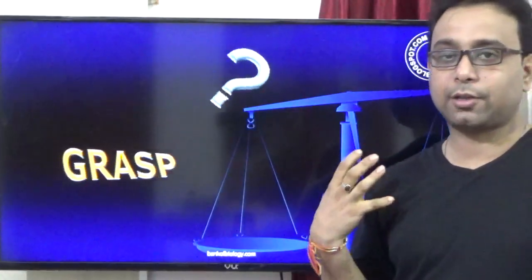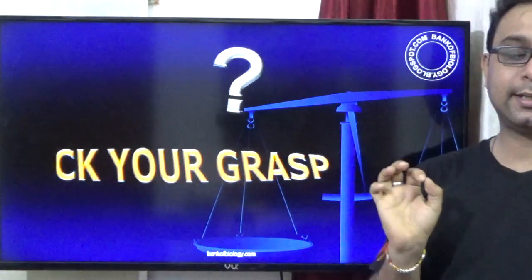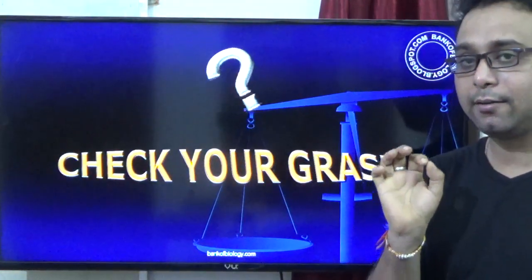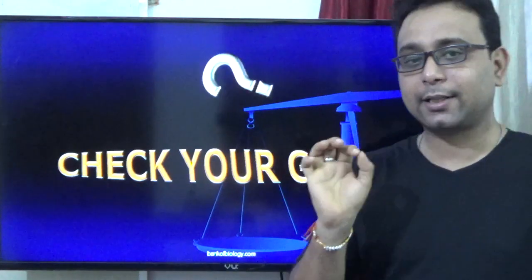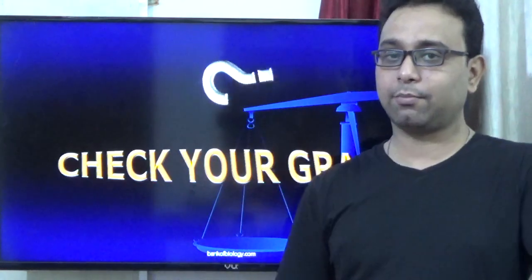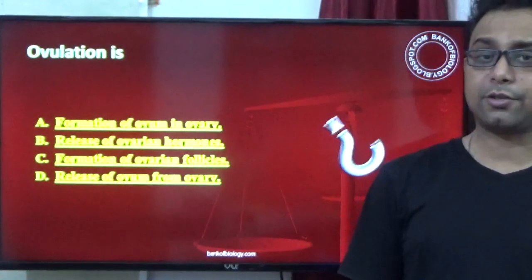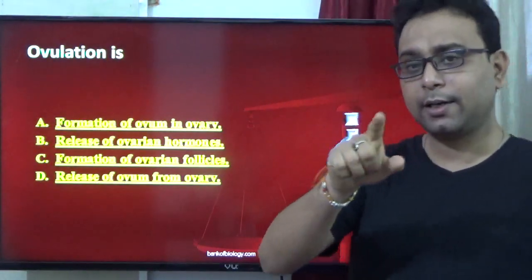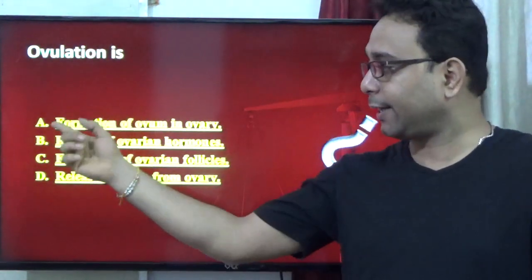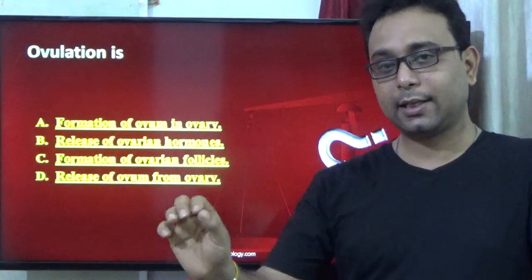So now it is time for some questions. Please see these questions and write the answer in your comment box. This is question 1. You write it as 1A, 1B or 1C in the comment box.